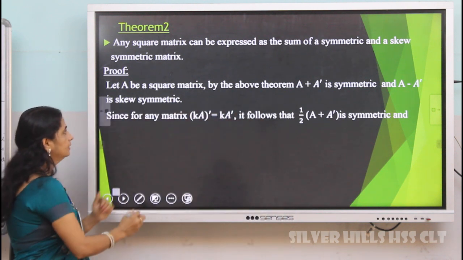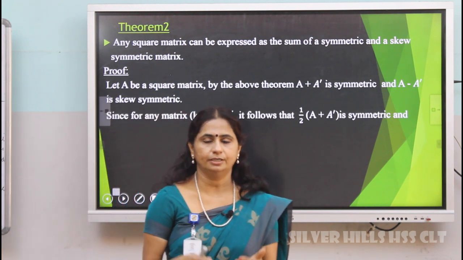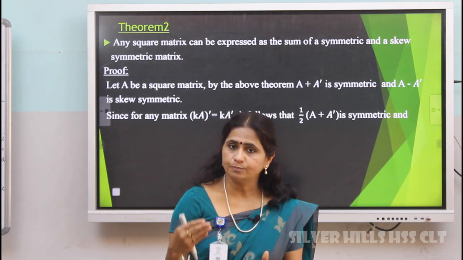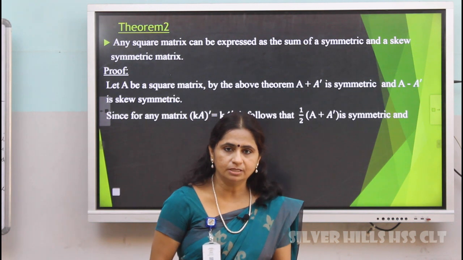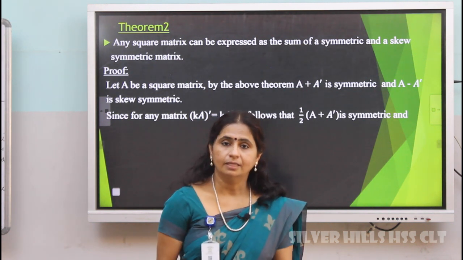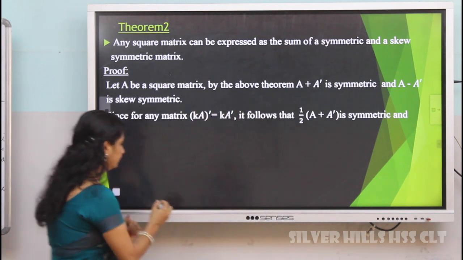Since for any matrix A, the transpose of K times A is K times A transpose, if A plus A transpose is symmetric, then half of A plus A transpose is also symmetric. If A minus A transpose is skew symmetric, then half of A minus A transpose is also skew symmetric.